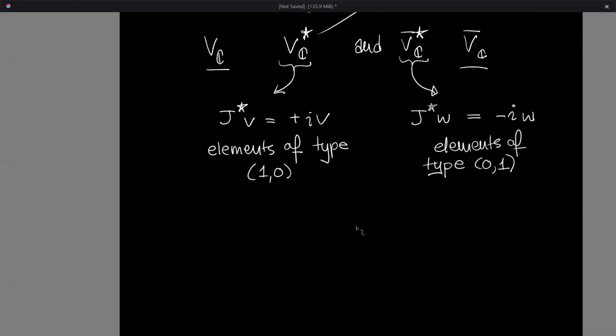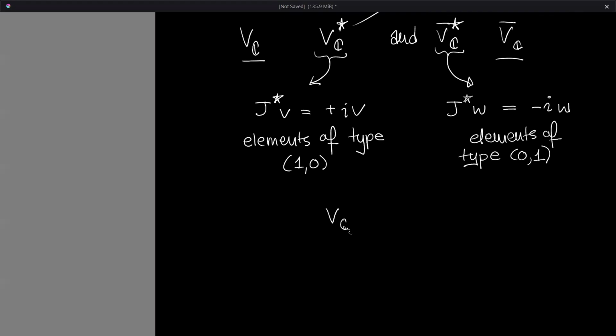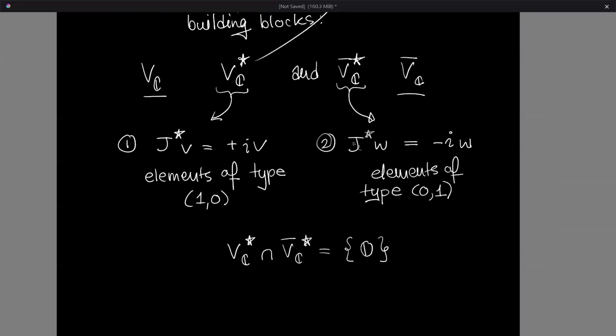One interesting thing about this space is that the only intersection between VC star and VC bar star is actually the zero vector. Because think about it, if there's equation 1 and there's equation 2, the only V and W that would satisfy both of these equations is the zero vector.